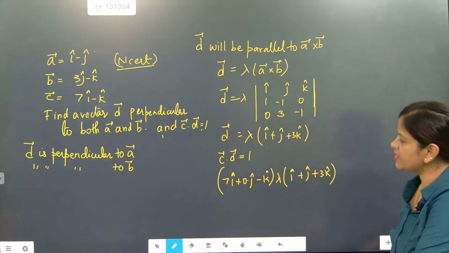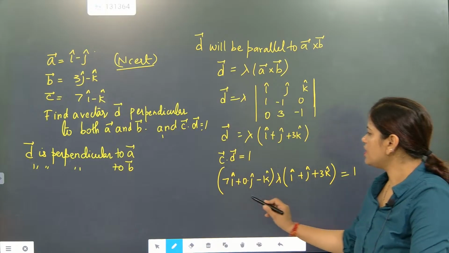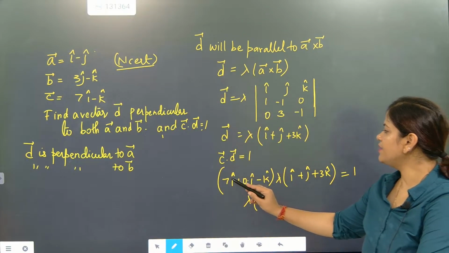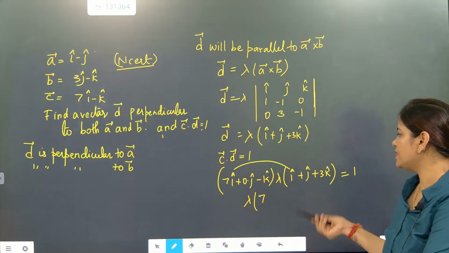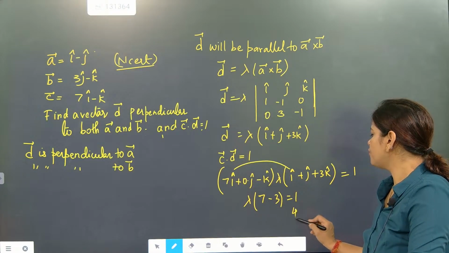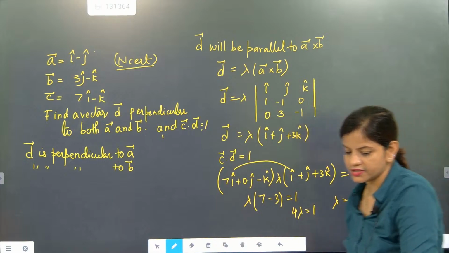So once you have written till here, now you know that this is 1. So now lambda 7 will come, I dot I will come 1, 7. 0 into 1, 0, and that minus 3 is equal to 1. So 4 lambda is equal to 1. So lambda is equal to 1 by 4. That's it.